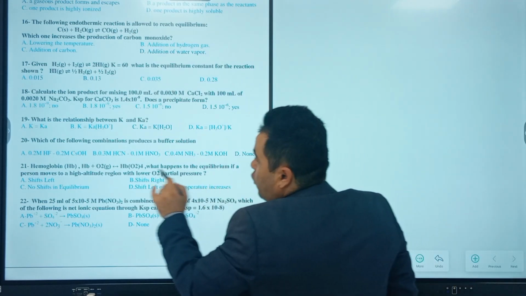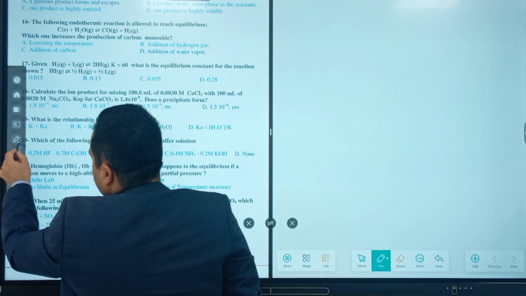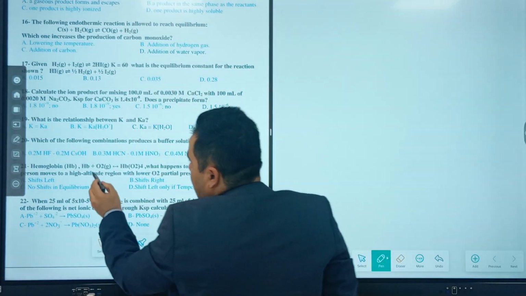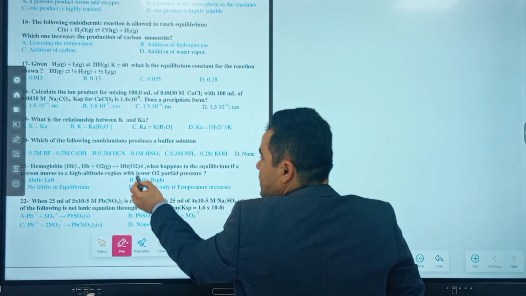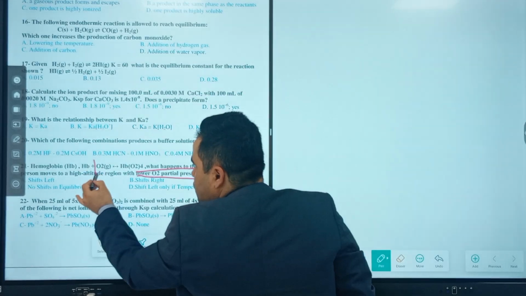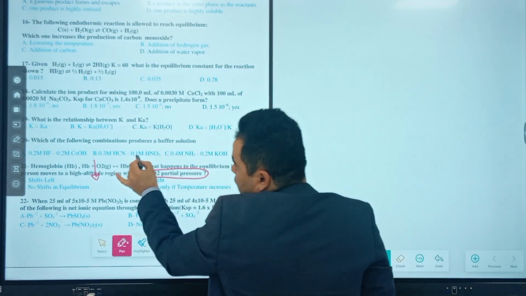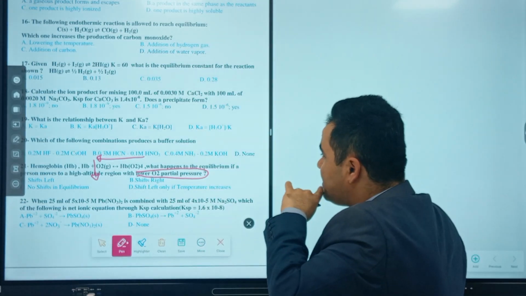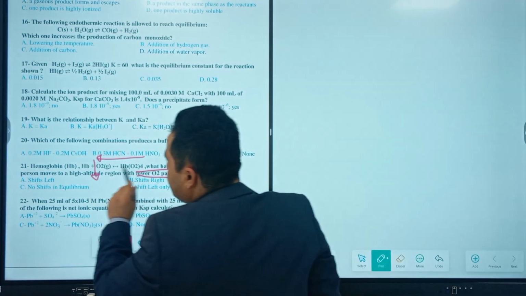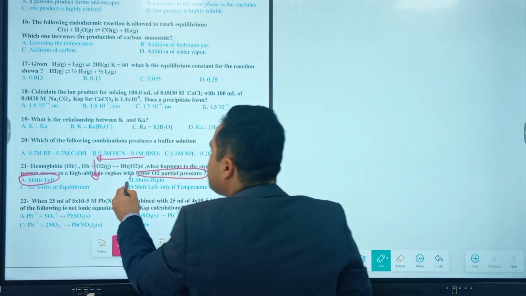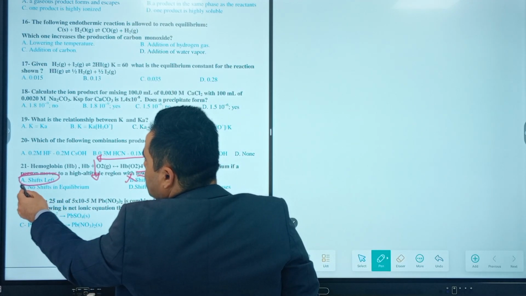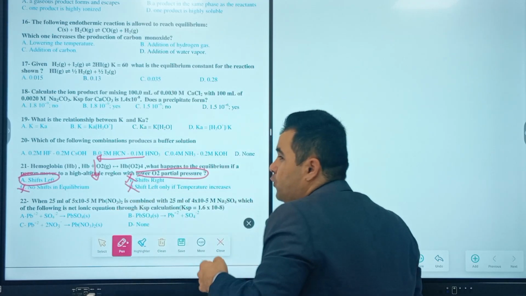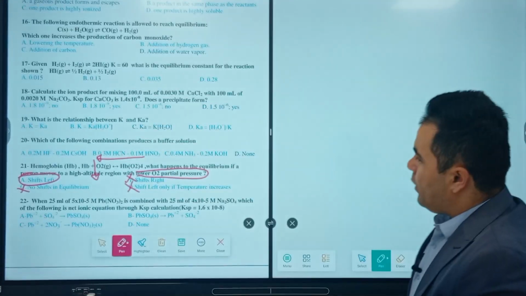Guys, from the question, the equation is related to the shift in equilibrium. When the oxygen partial pressure reduces, that means its concentration reduces. As the concentration of oxygen reduces, the reaction shifts toward the reactant side, so it shifts left. Shifts right, no. No shift, incorrect. Shifts left only with temperature increase, no. A is the correct answer.